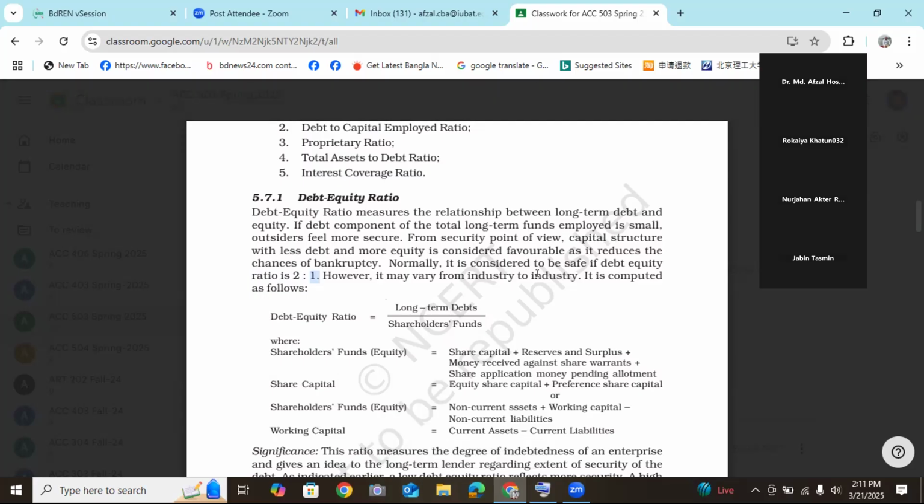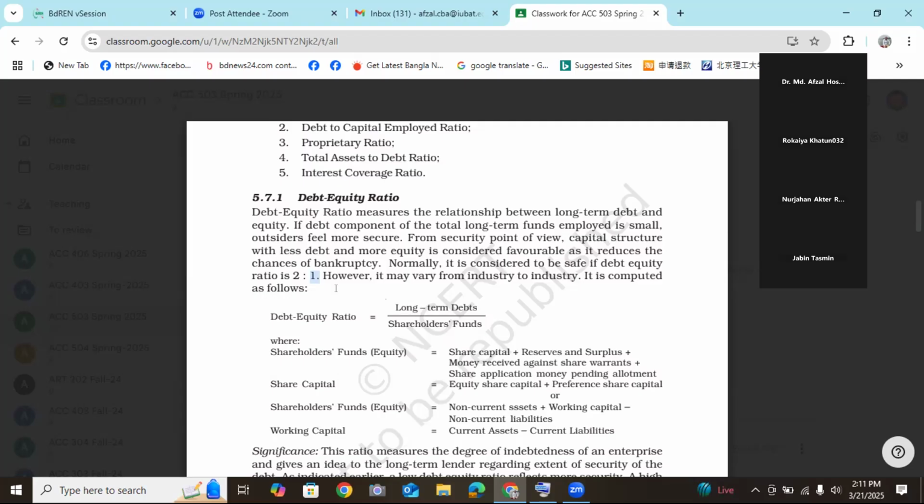However, it may vary from industry to industry. In the banking industry, they deal with all debt, because clients or customers deposit money to the bank, which is debt for the bank. In that case this standard is not applicable.